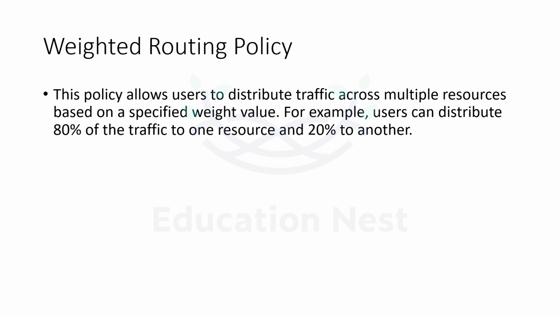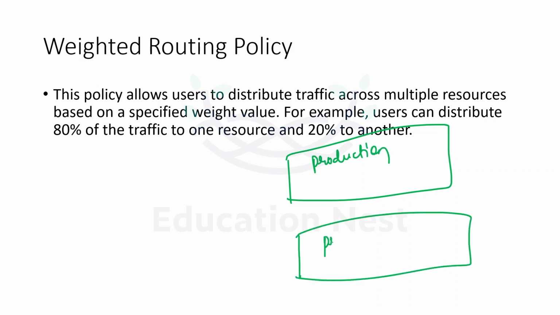Let's suppose that I already have this environment in production, but I have added some new features and I have this environment, production new. I cannot directly route all my traffic to this new production environment. What if it fails? What if it has bugs?